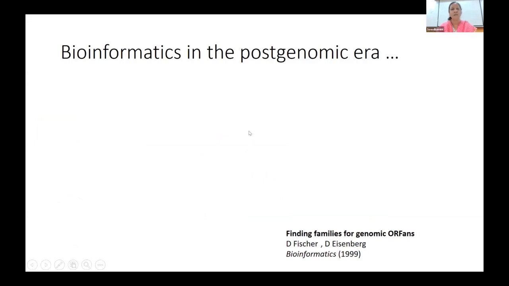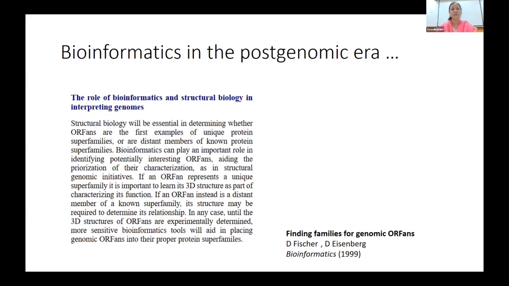In 1999, for instance, this was the time when the chromosomes for individual species like the yeast had just been sequenced using the shotgun sequencing approach. Looking at the data in front of them, many bioinformaticians all over the world, like Chris Sander, David Eisenberg, and so on, had already started to analyze.